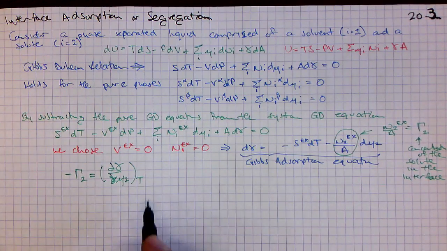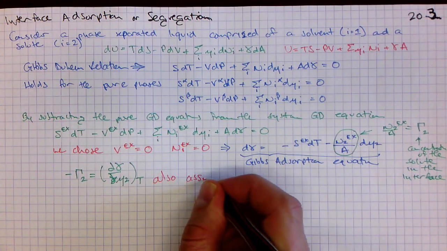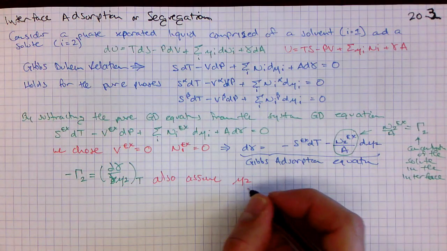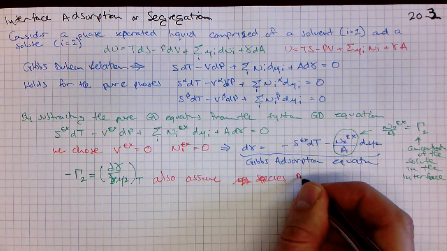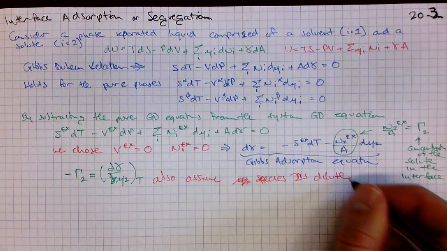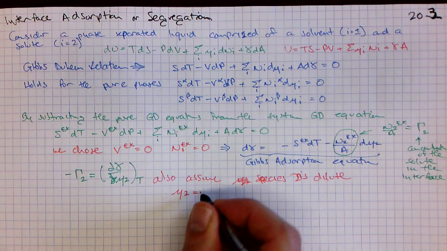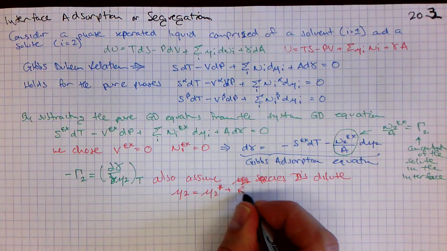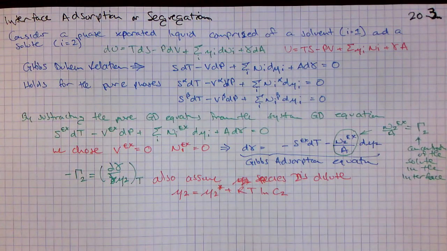Now, if we also assume that species 2 is dilute, then we can write down an expression for mu_2. We can say mu_2 is equal to mu_2 star, pure mu_2, plus RT natural log of C_2, the concentration of 2.